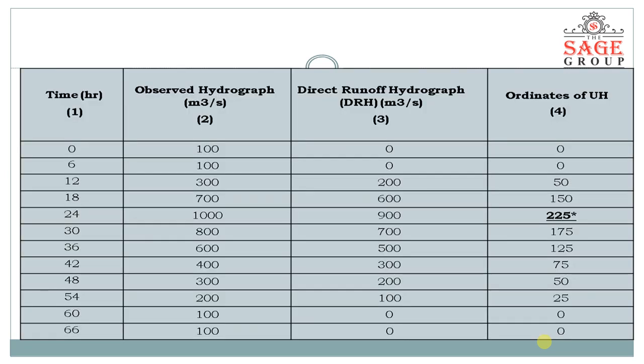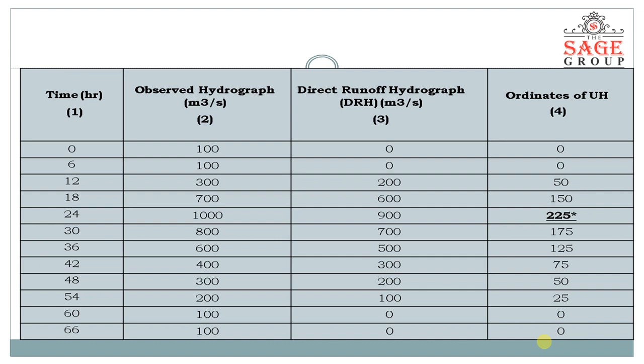In the first column we have the time, in the second column we have the observed hydrograph. These two columns are given. The third column is the direct runoff hydrograph, which we have to calculate. And the fourth column is the ordinates of unit hydrograph.